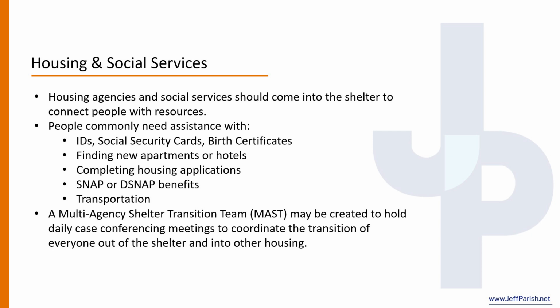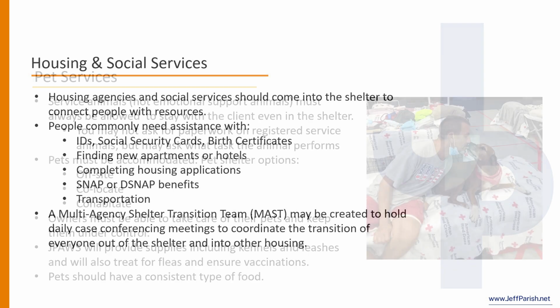We may also set up a MAST, or multi-agency shelter transition team, that can be created to hold daily case conference meetings to coordinate the transition of everyone out of the shelter and into other housing.